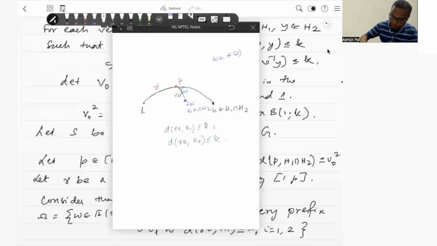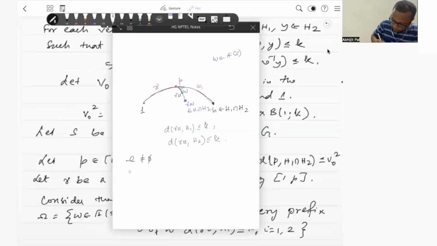Okay, so we have defined this set omega, and this set omega is non-empty. This is because if I take the geodesic path joining P and H, suppose this geodesic word is labeled by W1.